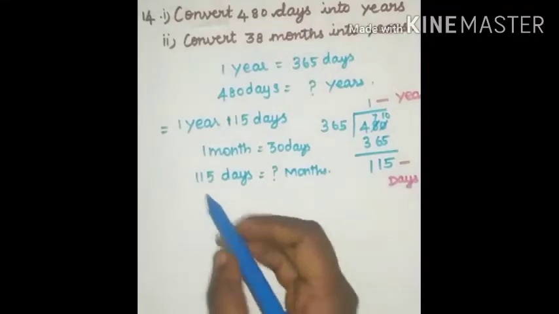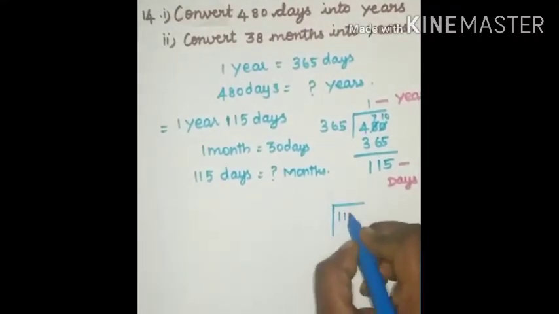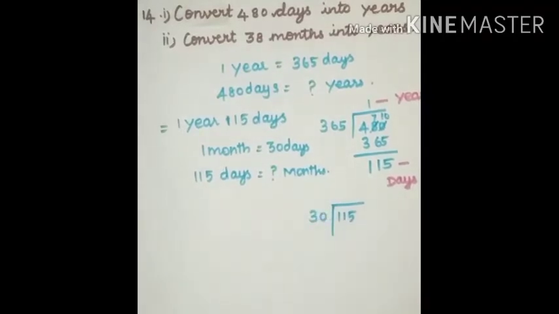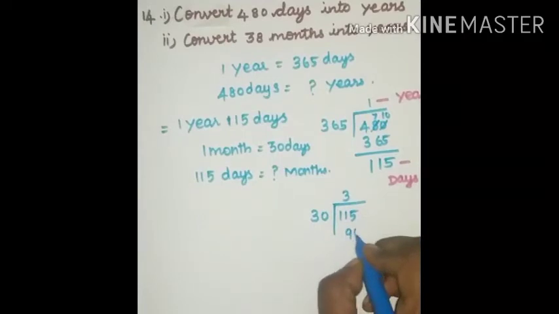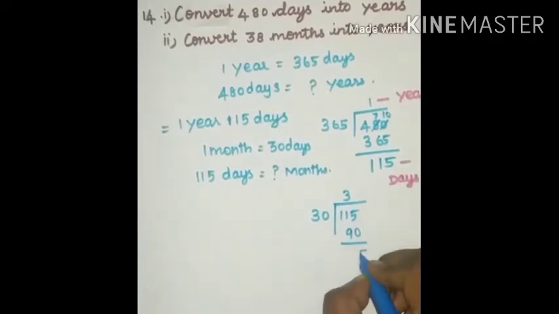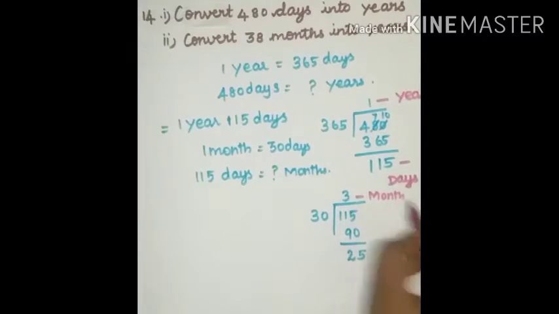Yes, we have to divide 115 by 30. 115 divided by 30. 30 into 3 is 90. 5 minus 0 equals 5. 11 minus 9 equals 2. Again, the quotient is considered as a month and the remainder is considered as days.